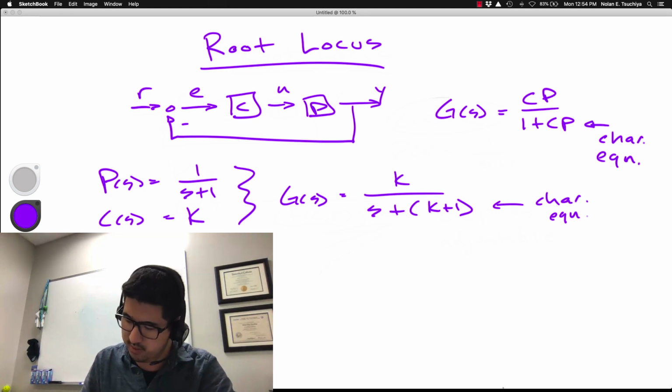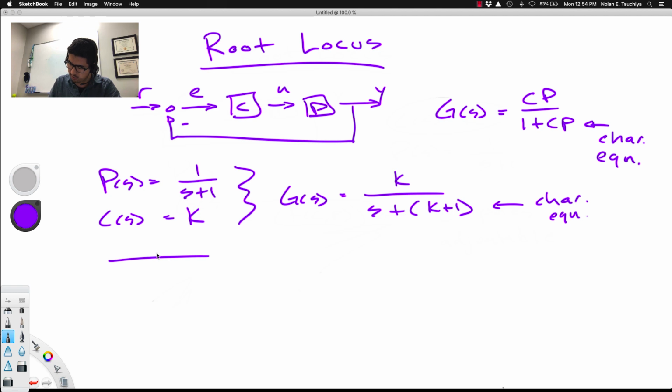And what we have is basically we can make ourselves a little table that tabulates the closed loop pole as a function of the gain that you plug in. Right? So a gain is just a real value that you get to adjust as a control designer.